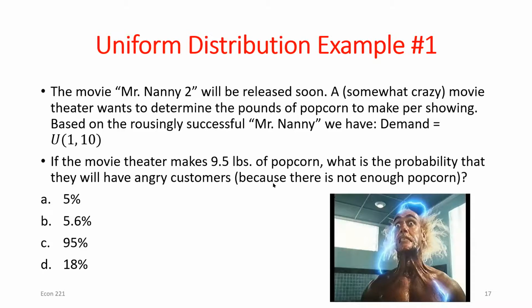What's the probability that actual demand is somewhere between 9.5 and 10, which would mean they didn't make enough to meet demand?